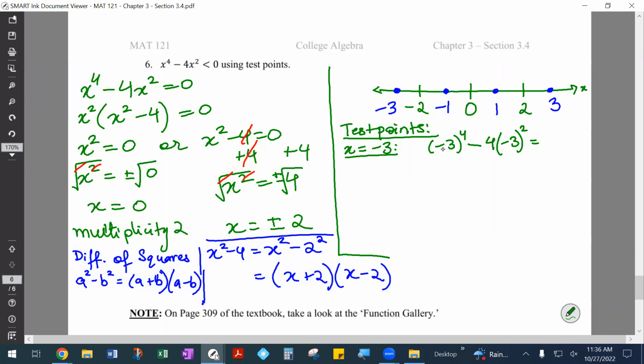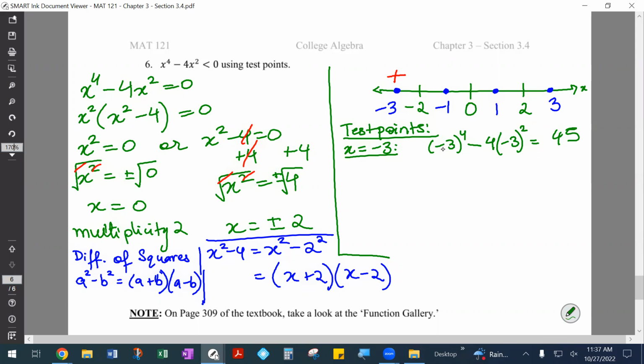So what did you guys come up with? 45. So that would be a positive number, right? That was negative 3 to the 4th power minus 4 times negative 3 squared. Alrighty, so this will be a positive 45. That means our y values are going to be positive in this interval.